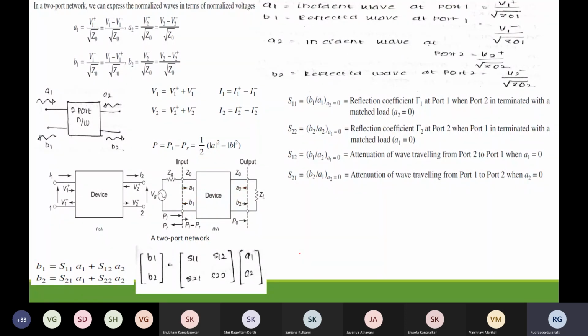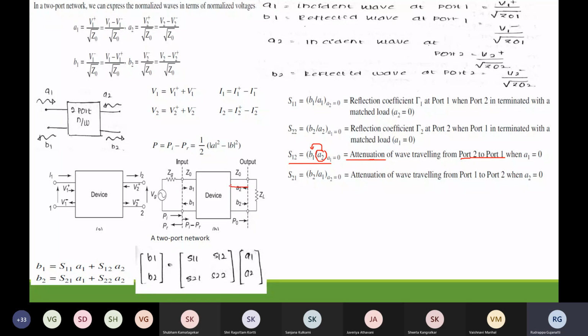This gives you the information pertaining to the attenuation of the wave traveling through the microwave network. In this case, it gives you the attenuation of the wave traveling from port 2 to port 1. Because you are associating the input wave amplitude at port 2 and observing the output, that is the reflected wave parameter at port 1.